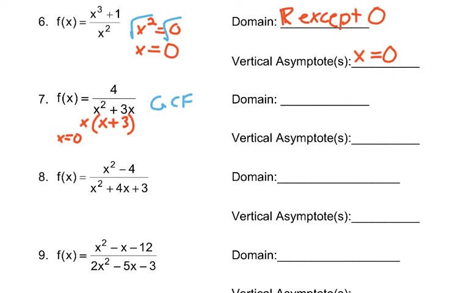And the x plus 3 to equal 0, I'd need x to equal -3. So my domain is all real numbers except 0 and -3. And my vertical asymptotes would be at x equals 0 and at x equals -3.